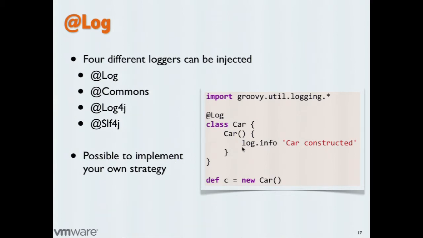And is there something missing in that example? Something that you usually do when using logging APIs? Any idea? Yep, enable. So usually when you write something like log.info, you surround that statement with an if, depending on the API you use, like if log is debug enabled, etc. Depending on the API, that's not exactly the same call.